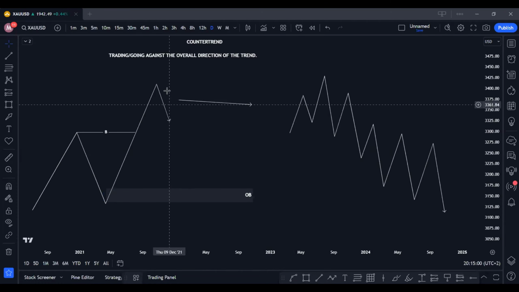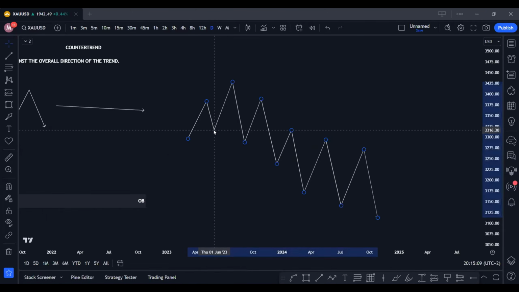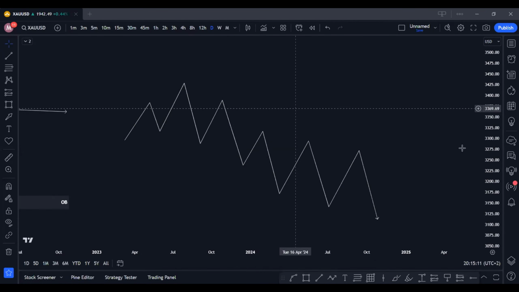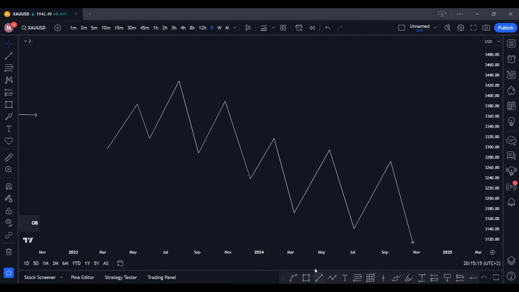So when price just immediately breaks your higher high, you're going to look for your counter trend trades, okay? So what you're going to look for is this. You're going to look for your change of character or your SMS, okay? So you're going to look for something like this.